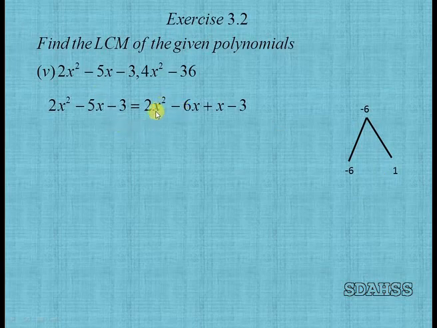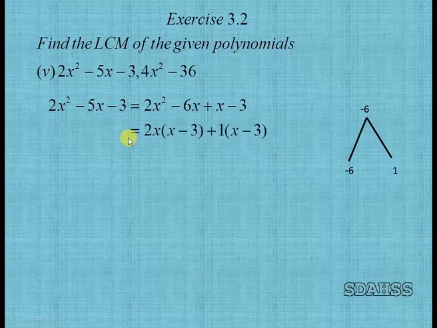Keep the first term as it is, 2x². In the place of minus 5x, write minus 6x plus x. So 2x² - 6x + x - 3. In the first two terms, 2x is common, so take it outside: 2x into (x - 3).